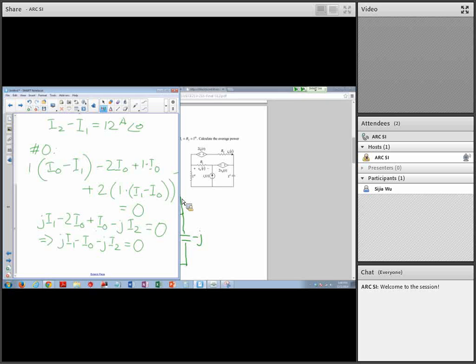Once you find I1, I2, and I3, you can find V0, you can find I0 of t.